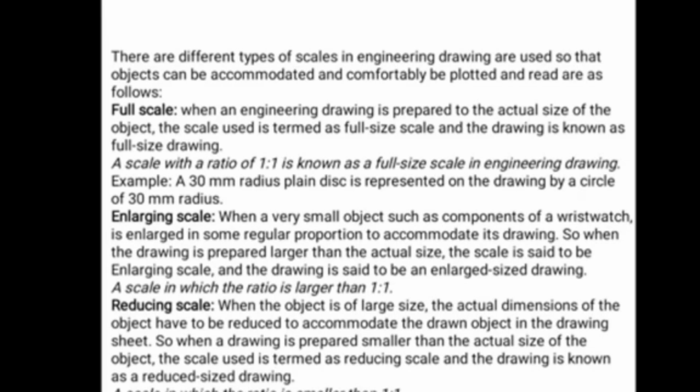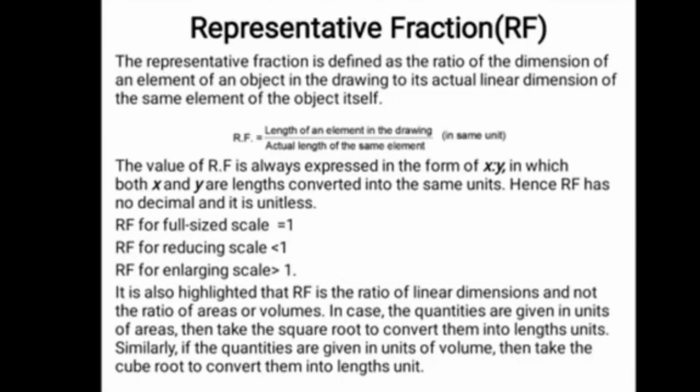In the full scale, the dimensions may be very small, say a 30 mm diameter circle has to be drawn the same way. Now, as we have seen enlarging and reducing scales, the representative fraction plays a very important role here. By multiplying the representative fraction with the actual length, we can find out the length of the element in the drawing.